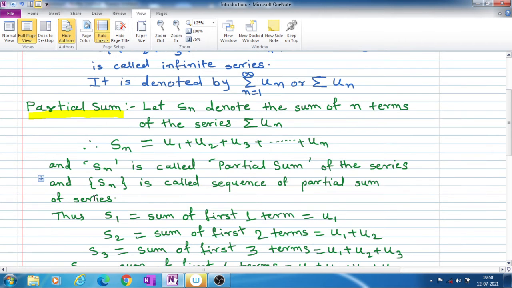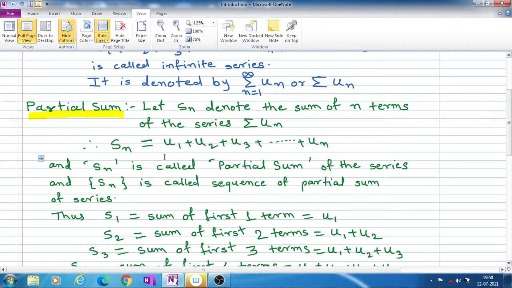Now what is a partial sum? Let Sn denote the sum of n terms of the series summation un. Series is the sum of infinite terms, but if we take only n terms, then we denote it by Sn.